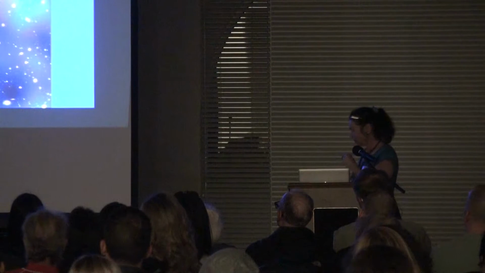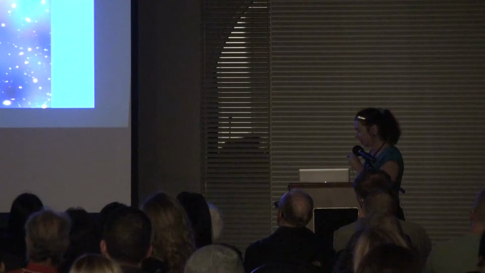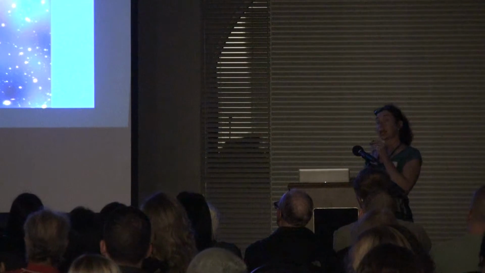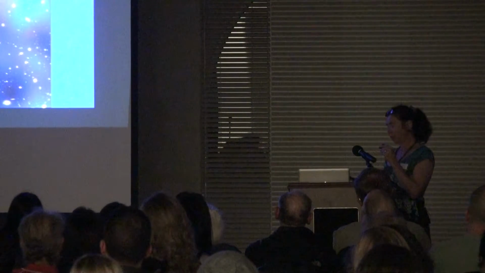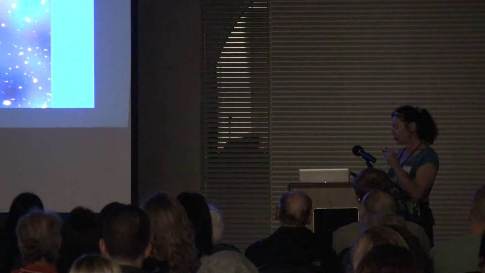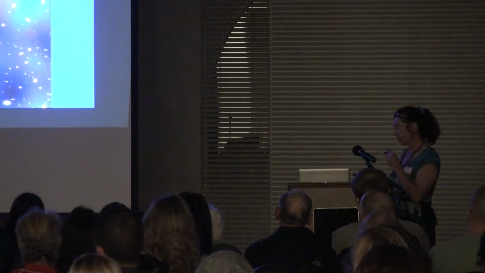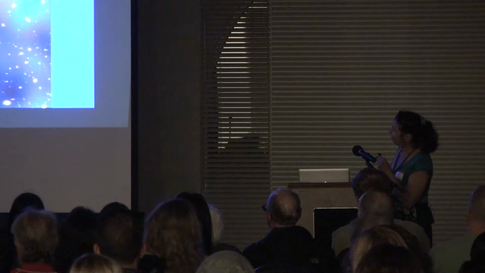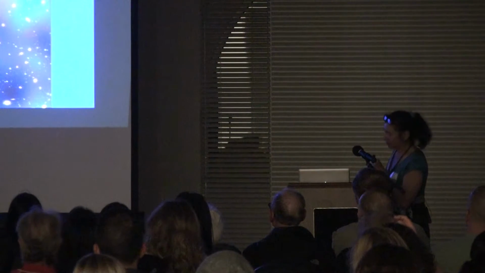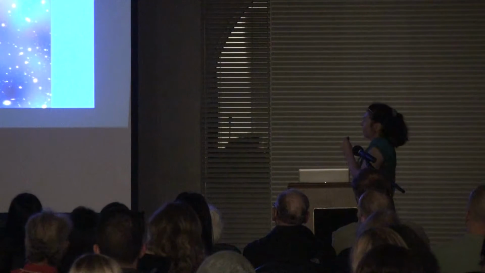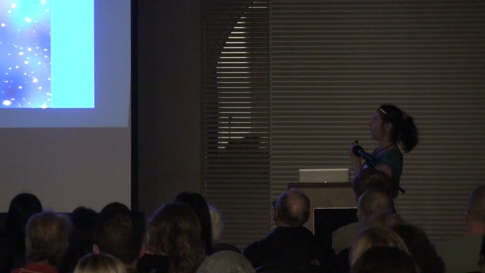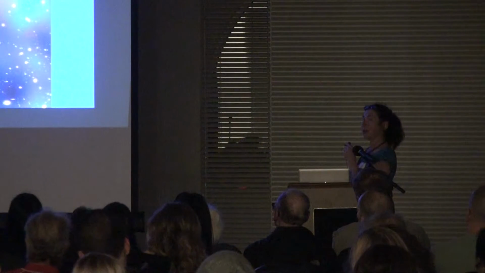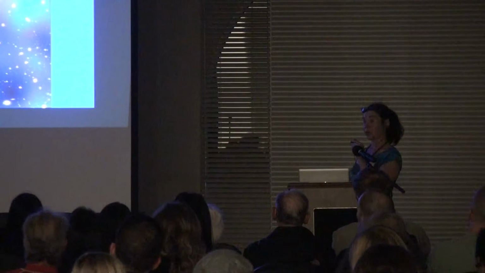Then I'm going to show you another technique, the gravitational lensing technique, that is being used to discover even planetary mass objects, not just brown dwarfs. And this is a pretty amazing illustration of how gravitational lensing works, which I will explain.